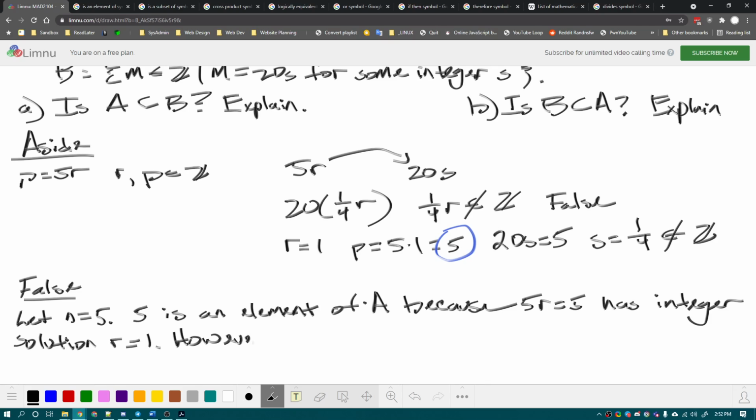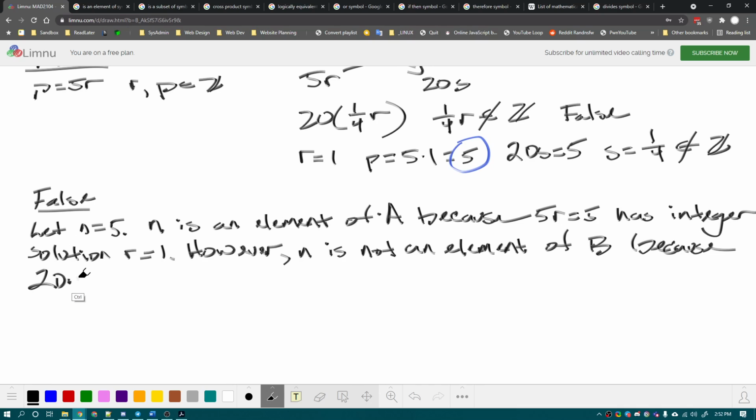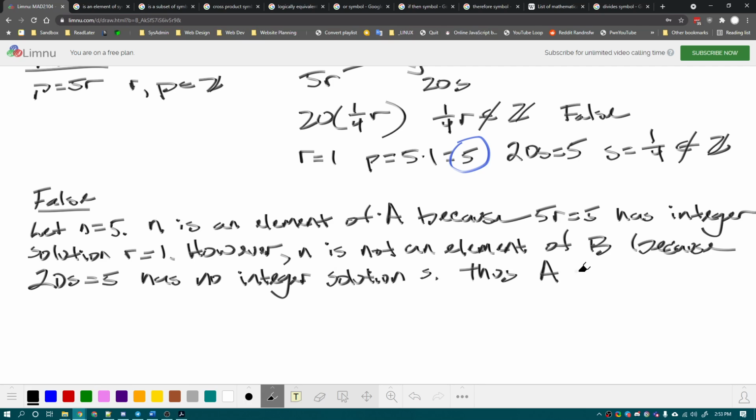However, I messed up a little bit. I should have said n here. n is an element of A. n is not an element of B because 20s equals 5 has no integer solution s. Thus, A is not a proper subset of B.